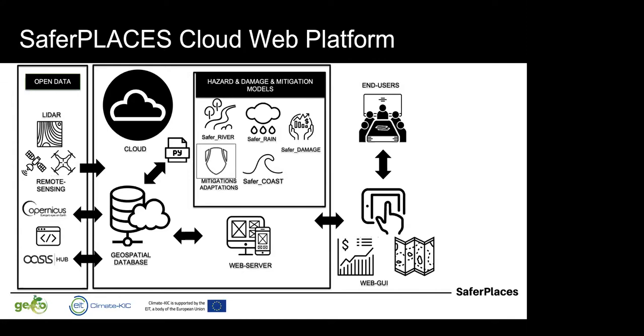The main core element of the service is represented by the hazard and damage assessment models embedded in the platform. Finally, it's a web application, so we have a web server that provides the graphical user interface and permits the interaction with the end users and the display of the results.